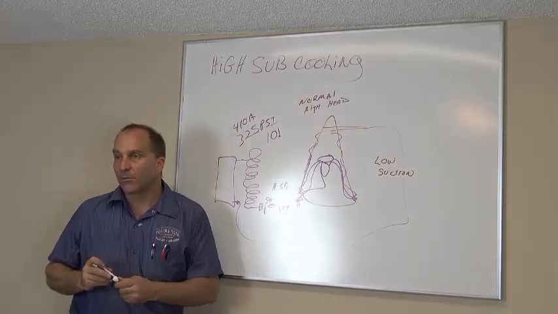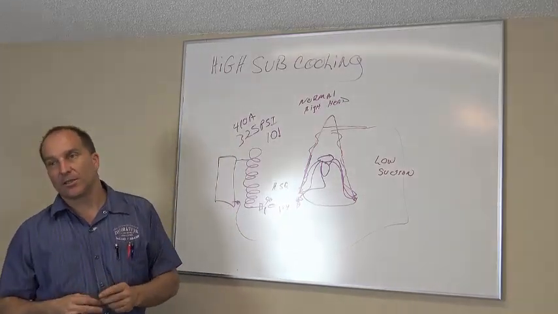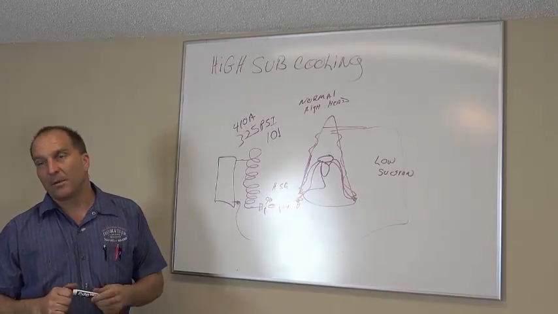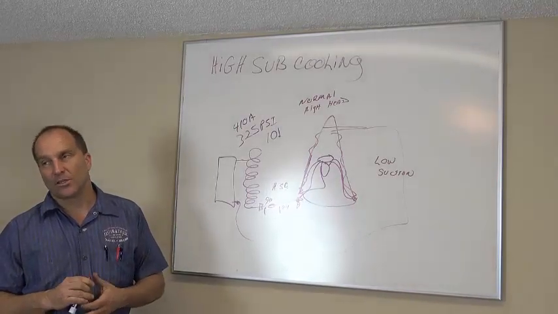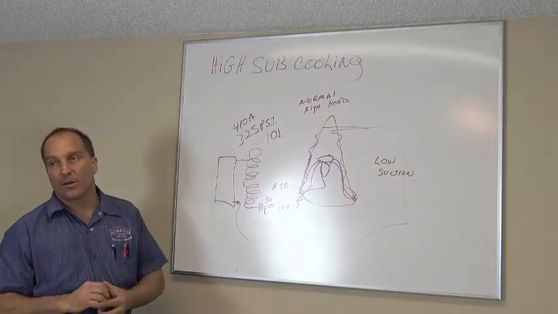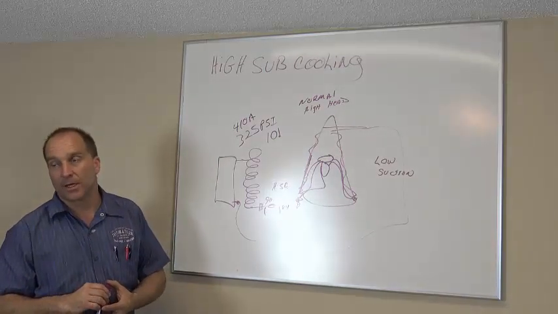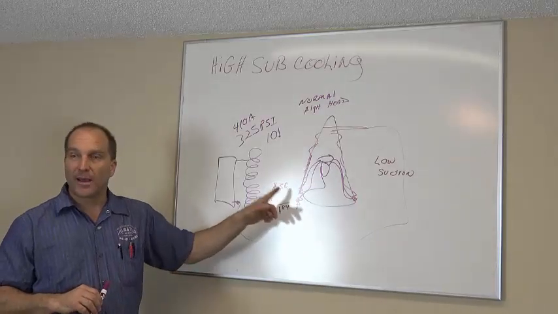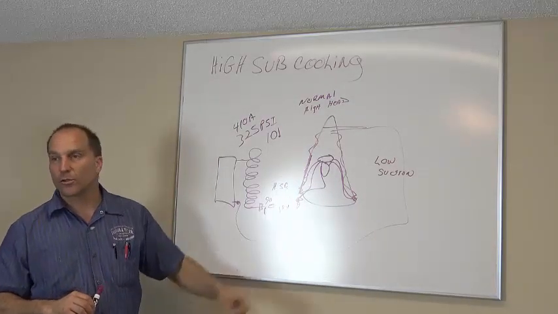That's a 6 degree differential in your dryer. You should not read a 6 degree differential in your dryer. Maybe 1, maybe 2, stretching it to 2. Okay? If you're reading a 6 degree differential, your dryer is restricted. So you always want to take your temperature differentials across your dryer.